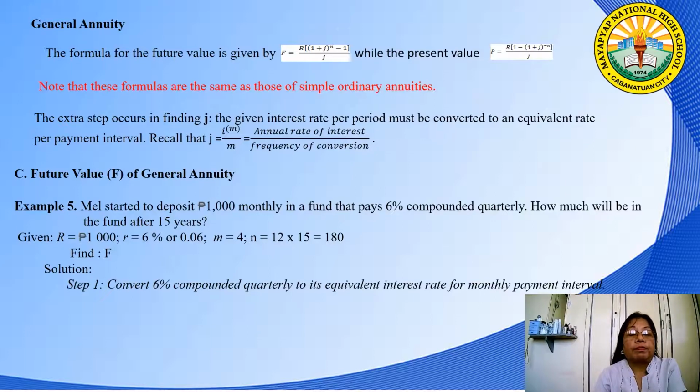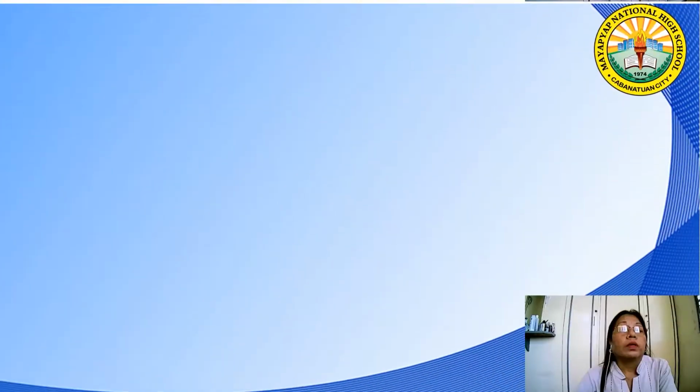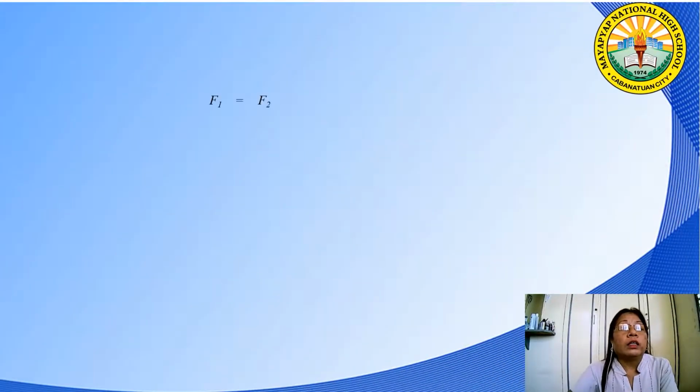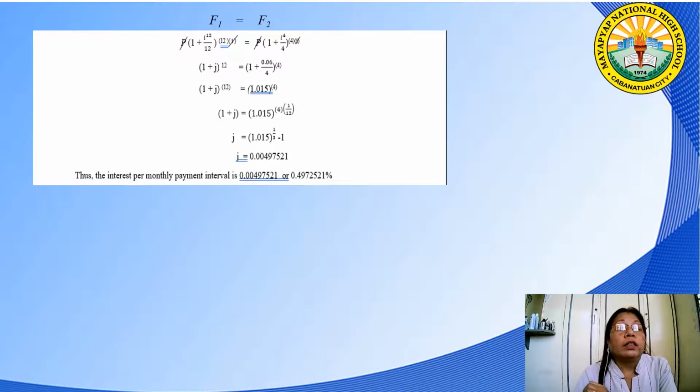So equating that F sub 1 is equal to F sub 2, by substituting the formula, F sub 1 is equal to P times quantity 1 plus I over 12, since it is monthly, raised to 12 times T, is equal to F sub 2, which is equal to P times quantity 1 plus I over 4, since it is compounded quarterly, raised to 4T.